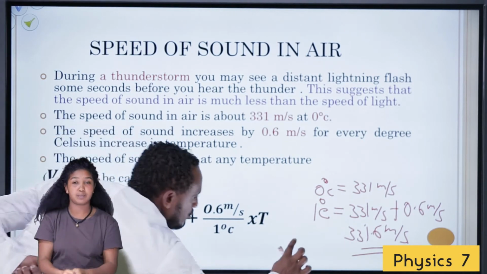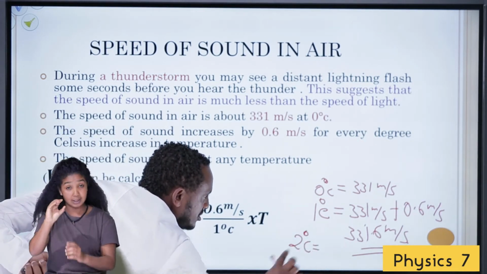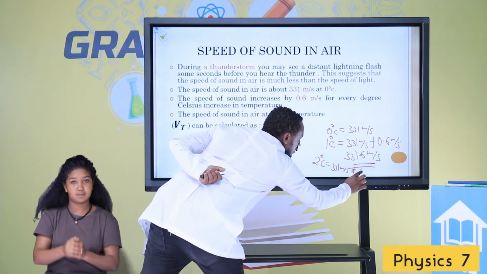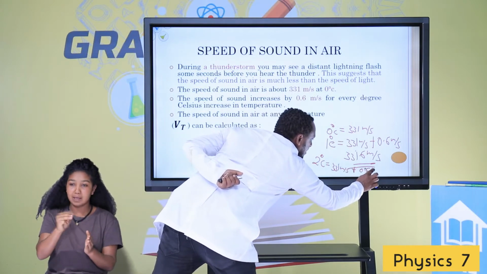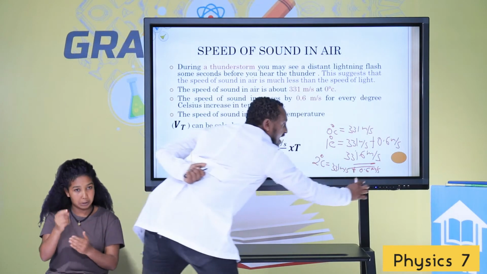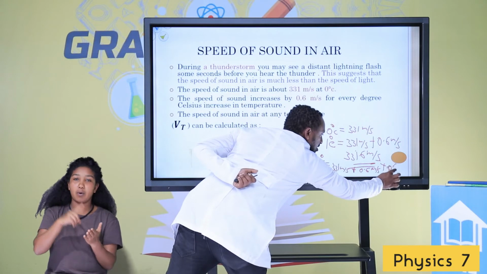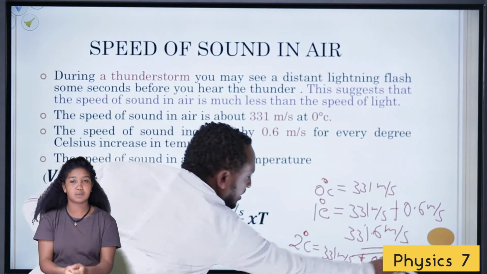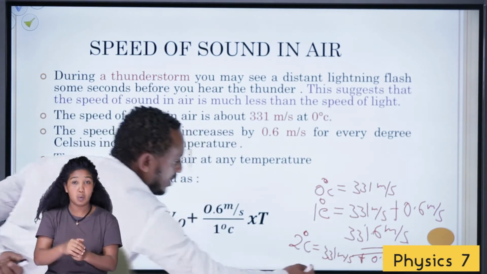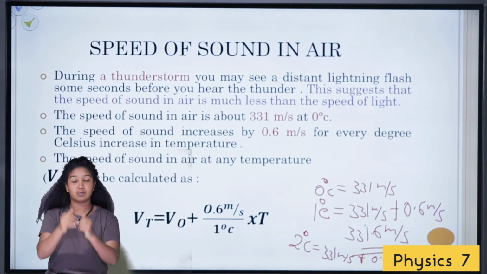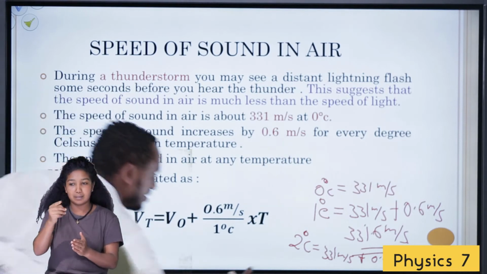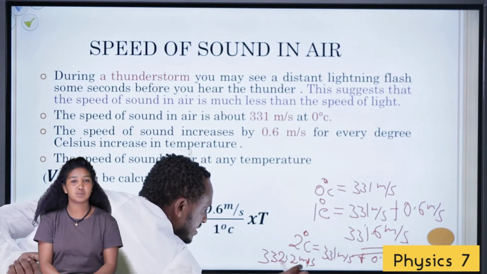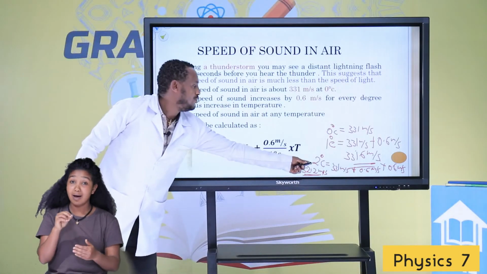So at 2 degrees centigrade, the speed of sound is 331 plus 0.6 plus 0.6, that is 331 plus 1.2, equal to 332.2 meters per second. This is the speed of sound at 2 degrees centigrade.